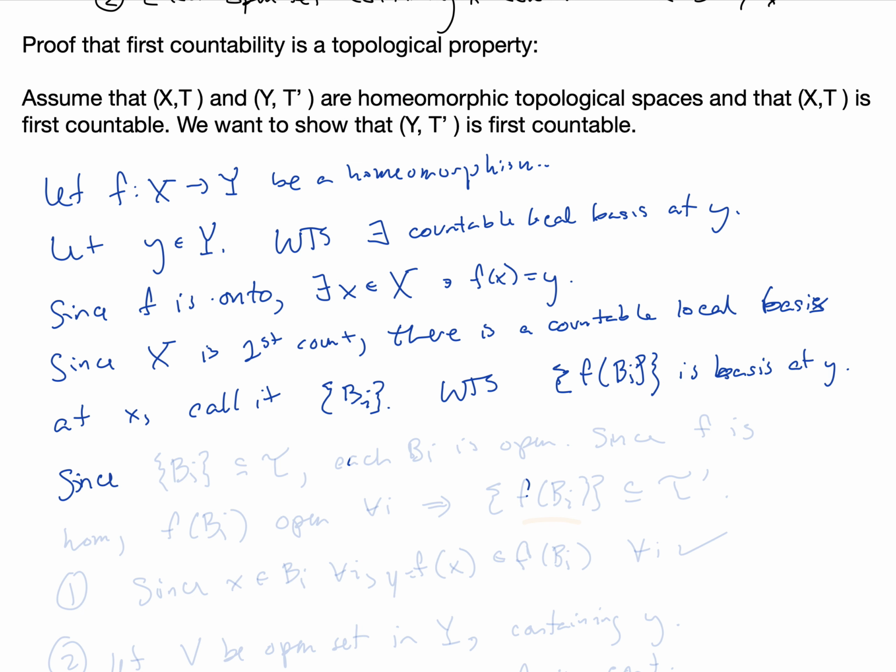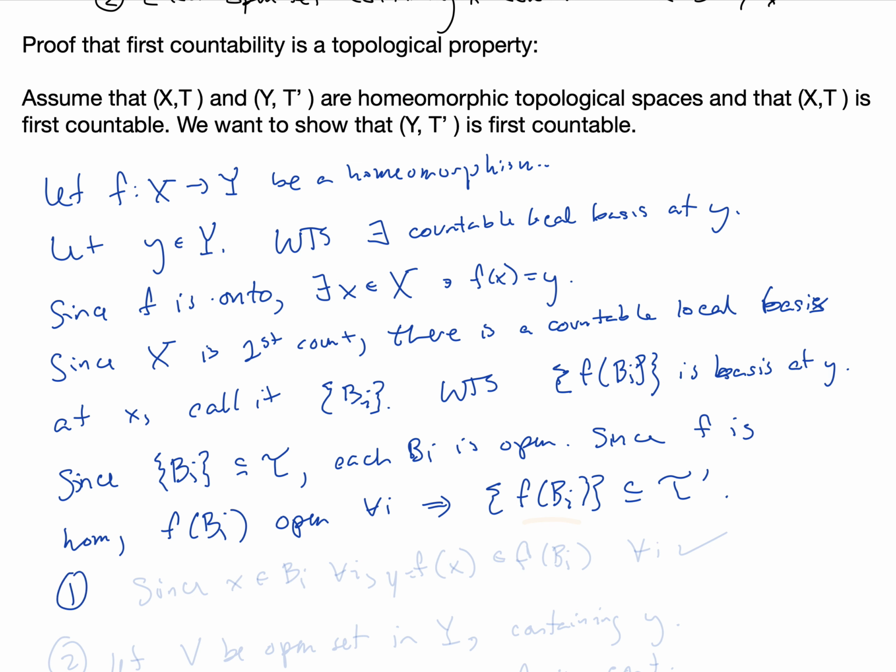Since B_i is a basis, that means B_i is a subcollection of tau, and therefore each B_i is open. And since f is a homeomorphism, that tells us that f of B_i is open for all i, which tells us that the collection f of B_i is a subset of tau prime. Okay, so that's one piece down.